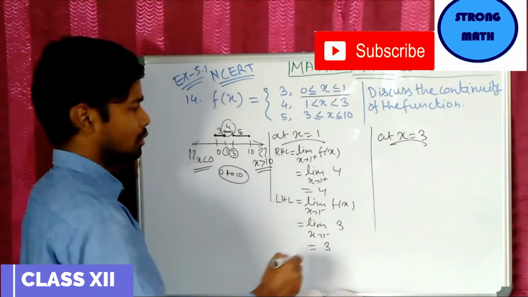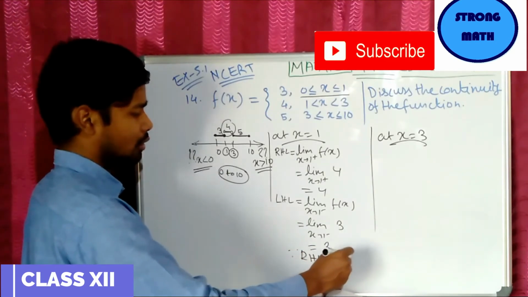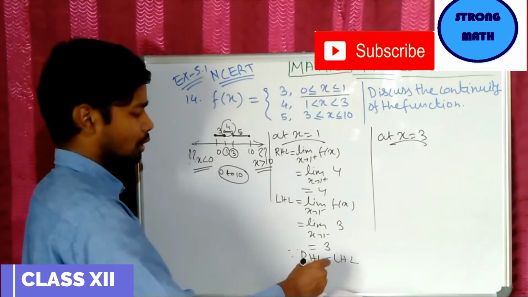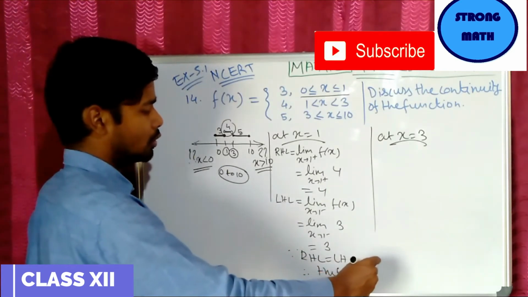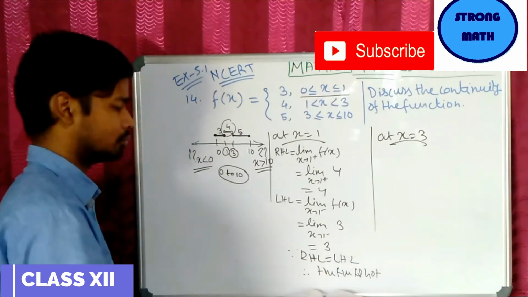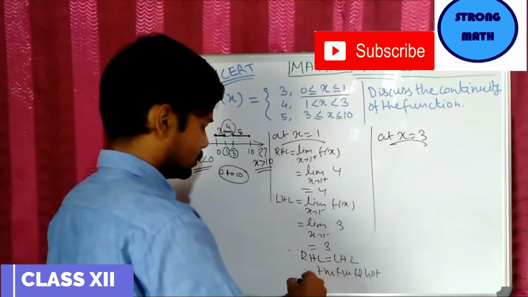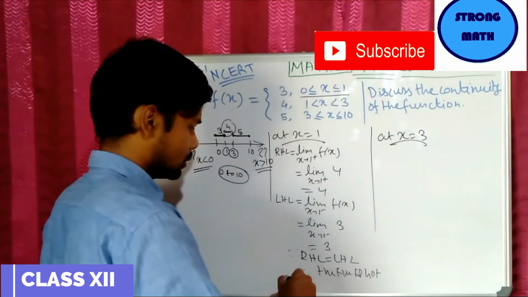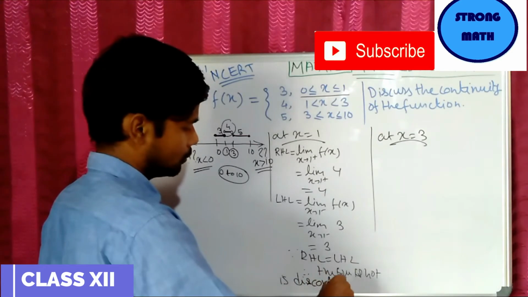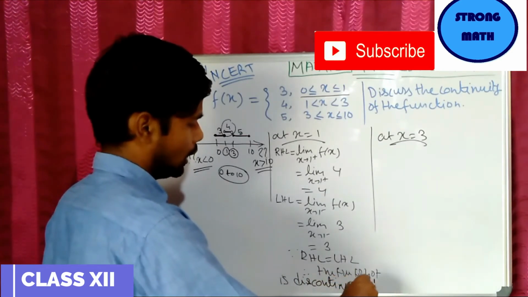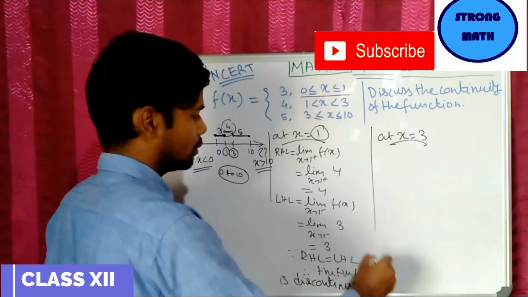Since the right hand limit is not equal to the left hand limit, therefore the function is discontinuous at 1. We are checking 1.